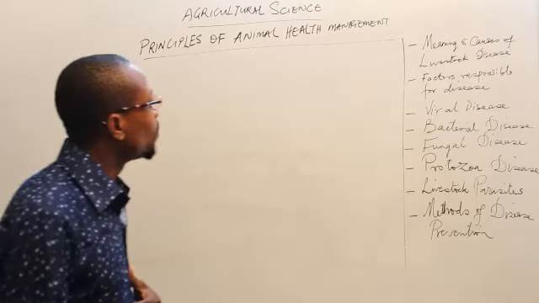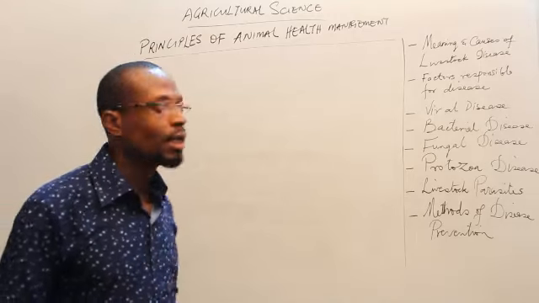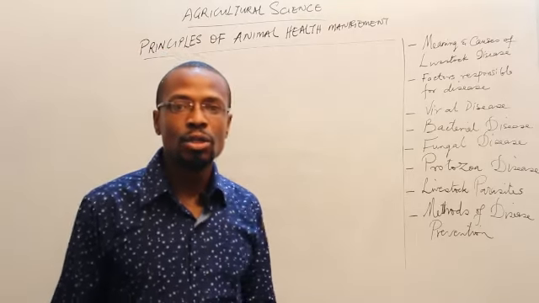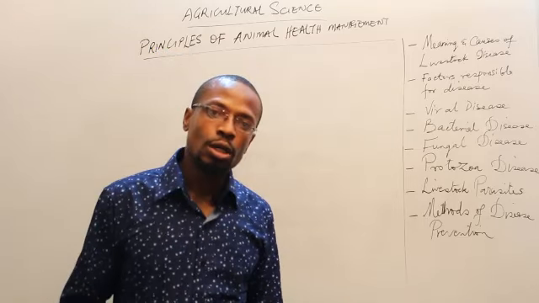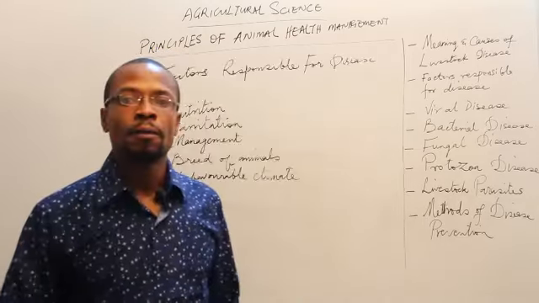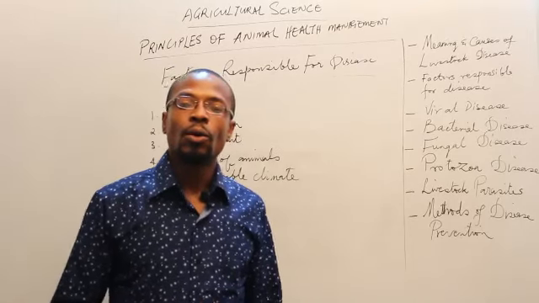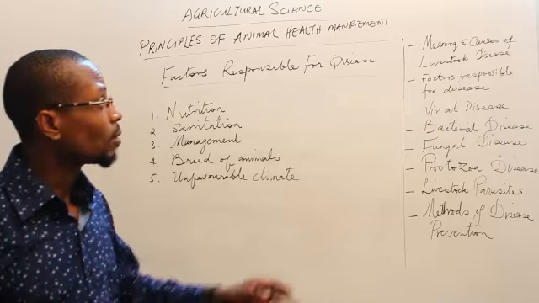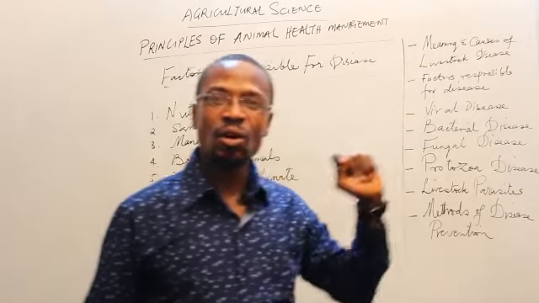Then let's look at the factors that could predispose an animal to diseases. Good. Now, before we proceed, let's quickly look at the meaning of disease.